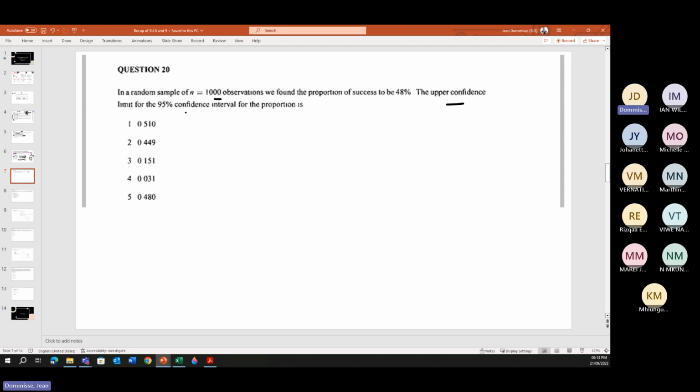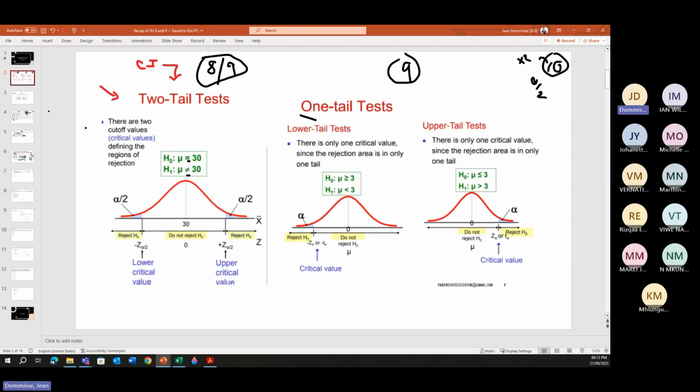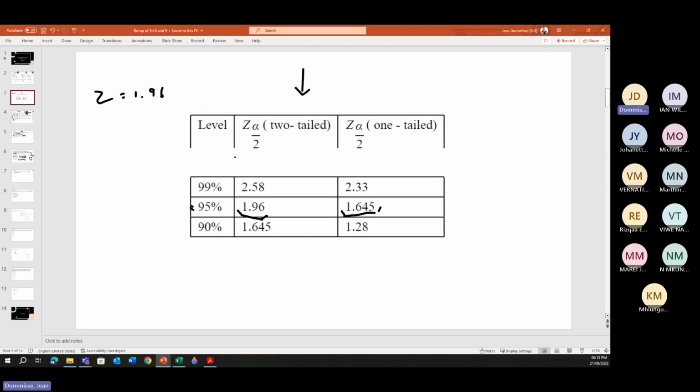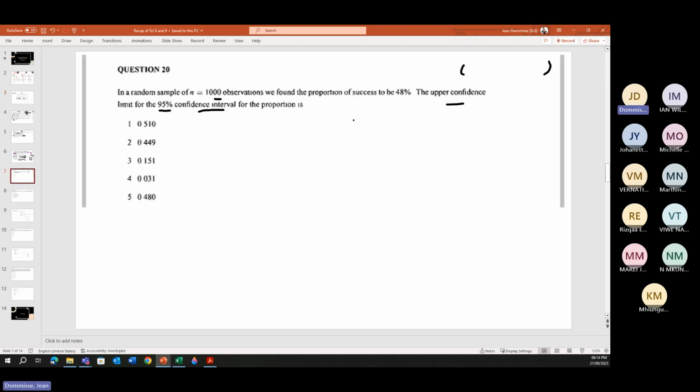But remember, we're still working with a confidence interval, so there is an upper and a lower. When we work with 95%, we're still working with a two-tail. So the Z will be equal to 1.96.